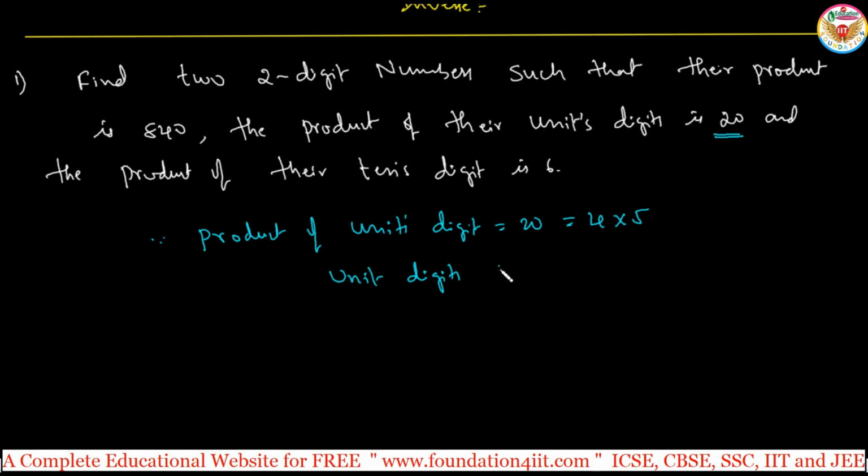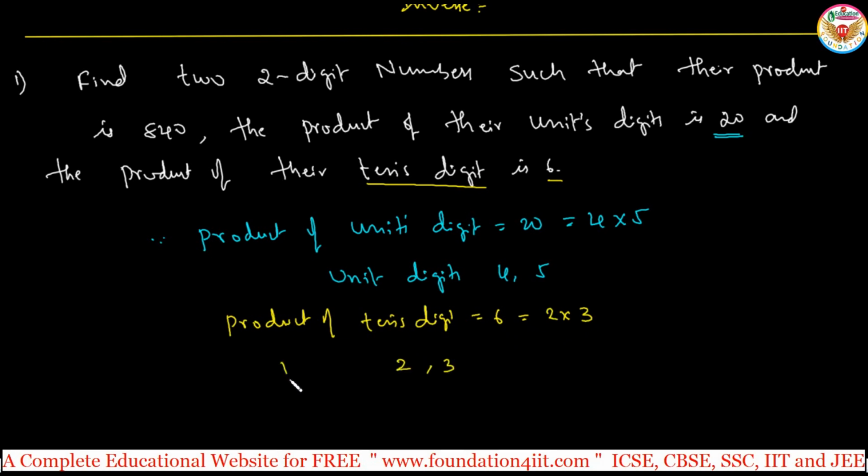So only 4 and 5 are the units digits. Next, the product of the tens digits is 6, so we can write 2 into 3, so 2 and 3 are the tens digits.